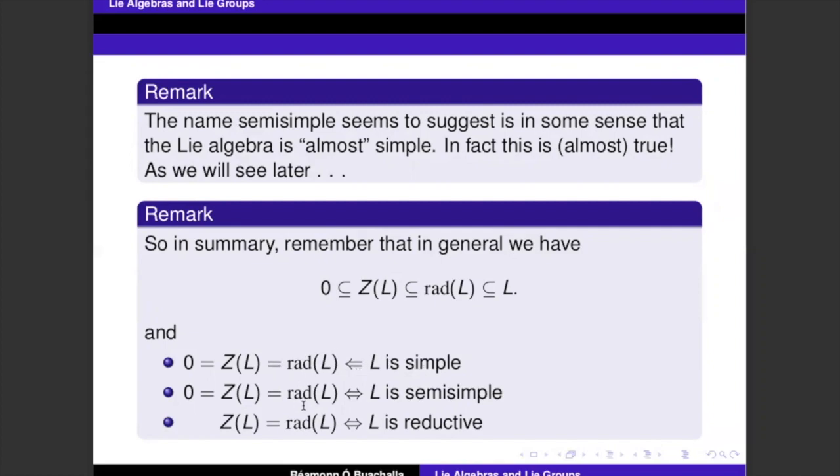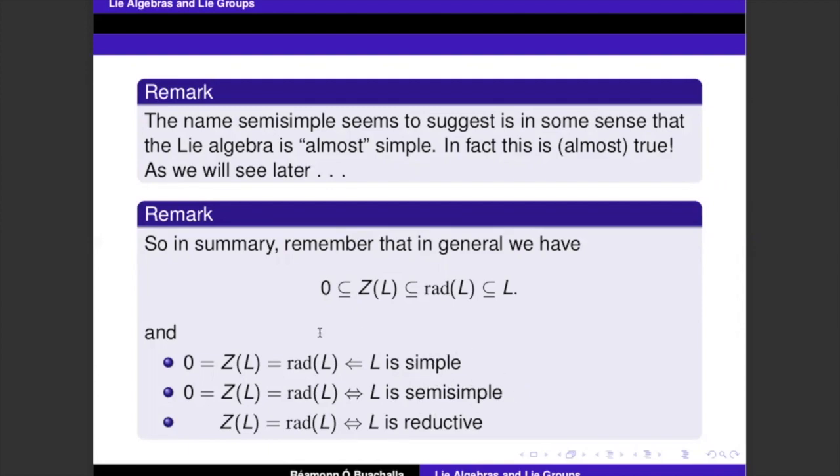In fact, this is what we'll be showing in a later part of the lecture. At least in the case where the Lie algebra is finite dimensional, we'll be able to see that there's actually a simpler way, sorry if you don't mind me using the word simple, to describe semi-simplicity more directly in terms of simplicity.